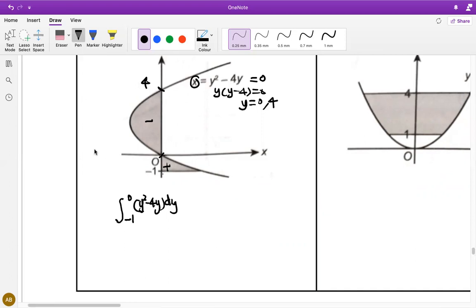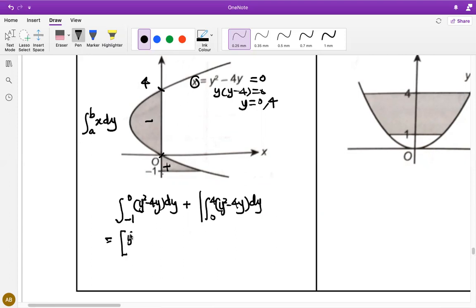Okay, so remember the formula for the area between the curve and the y-axis is x dy. Okay, so we substitute in. Then you remember to put modulus from 0 to 4, and then y squared minus 4y dy. Okay, so then you can do integration.